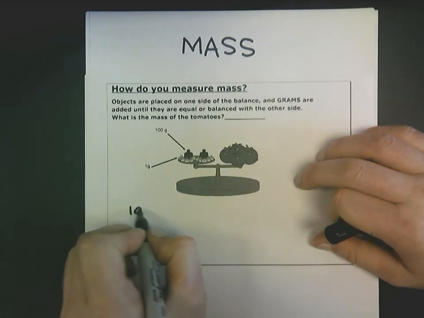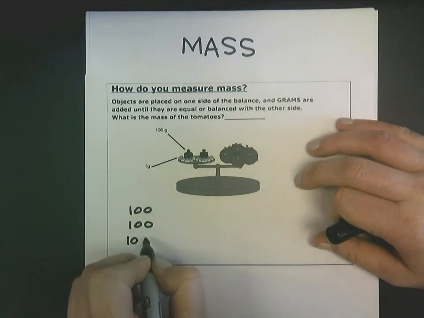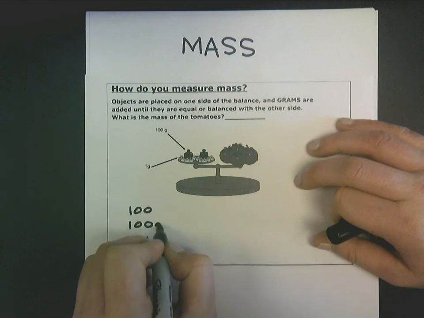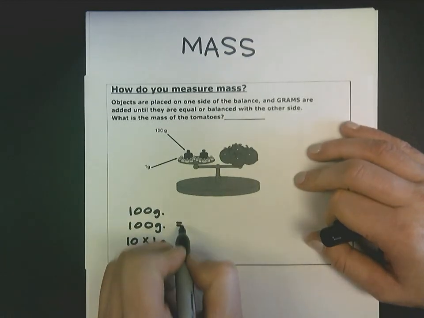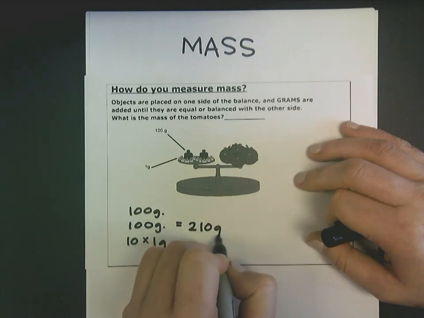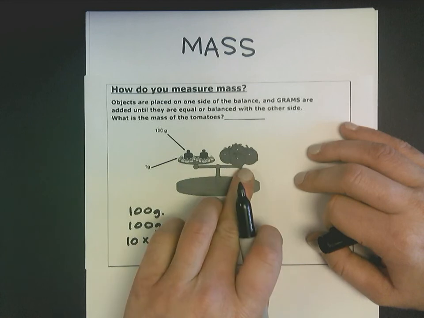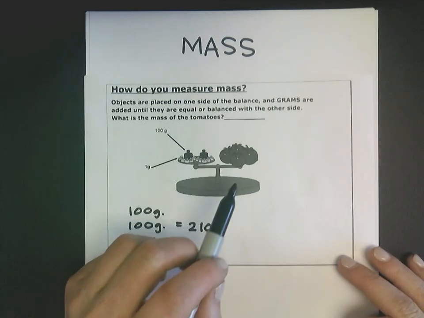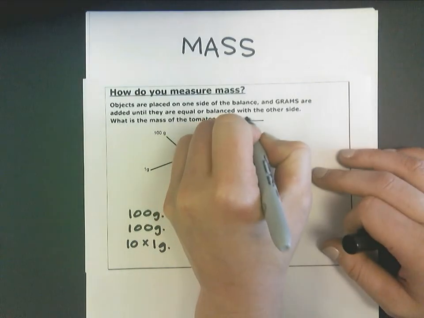So there's 100 grams, another 100 grams, and then there are 10 1 gram pieces. Sorry, I forgot the G. So altogether, that is 210 grams. So we see that it is balanced here with 210 grams on one side and the tomatoes on the other side. That means the tomatoes are exactly 210 grams.